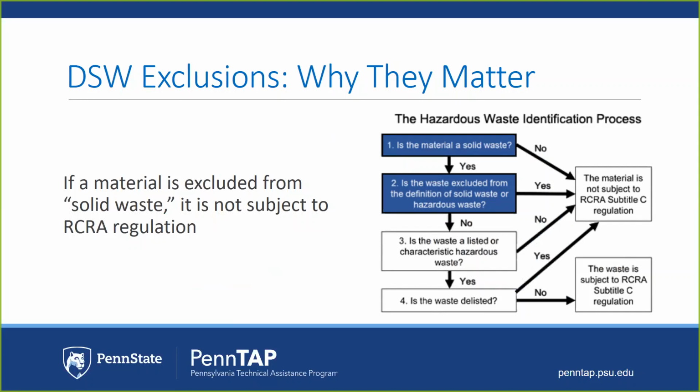If a material is excluded from solid waste, it is also excluded from hazardous waste and not subject to RCRA regulation. That is why exclusions from the definition of solid waste are so important. The diagram on the right describes the hazardous waste identification process and how exclusions influence this process.